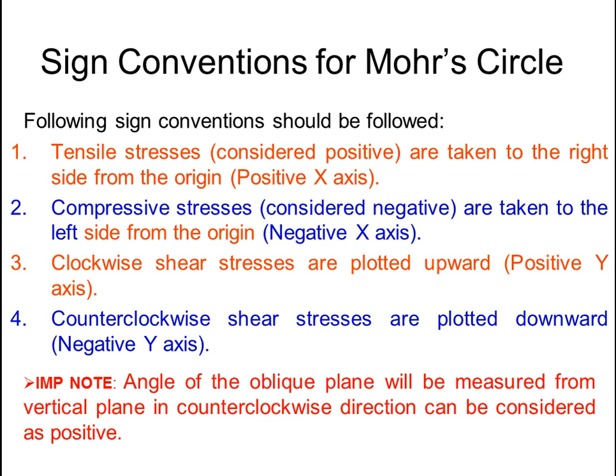Similarly, a shear stress that tries to rotate any plane in a clockwise manner is taken along the plus y-axis. The counterclockwise shear stress, which is negative in nature, is taken along the negative y-axis. And one important point you have to remember: the angle of the oblique plane is measured from the vertical plane, and the counterclockwise direction is considered positive.